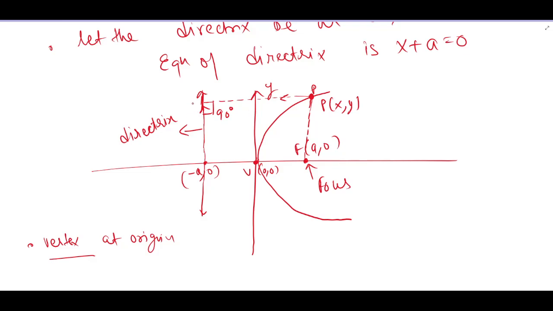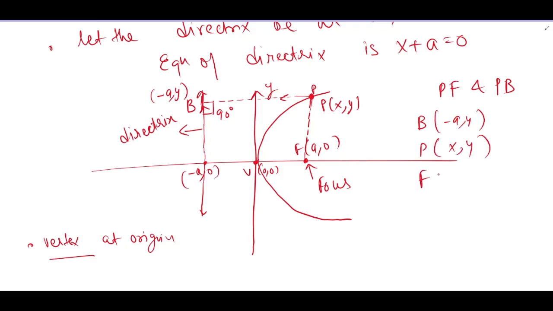Let this point be B, and its coordinates will be minus a comma y. So we have PF and PB, where coordinates of B are minus a comma y, coordinates of P are x comma y, and coordinates of F are a comma 0.